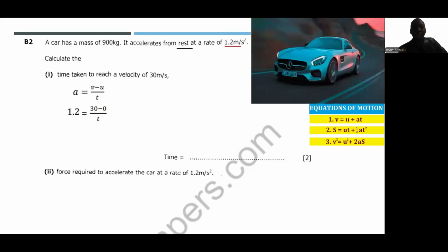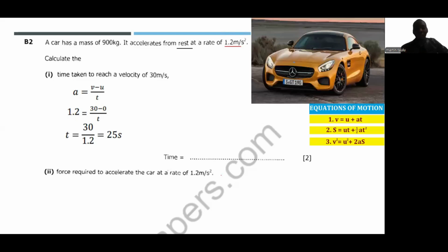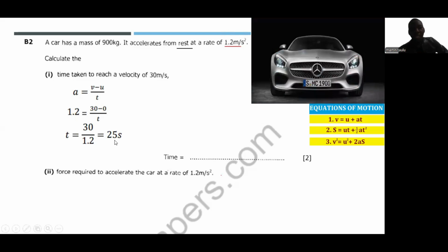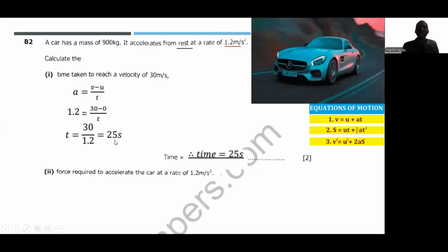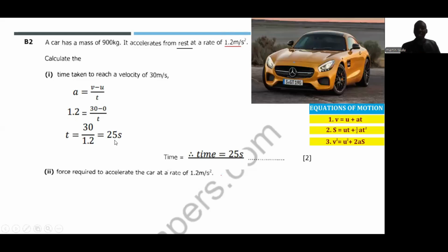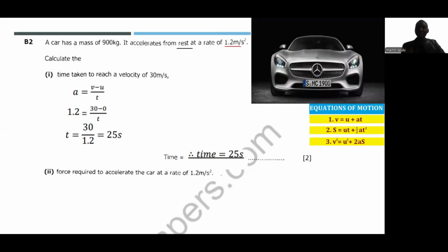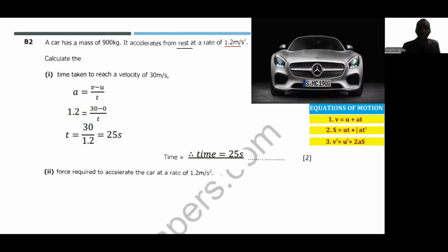So when you do the math, and you make T the subject of the formula, the answer that we get is 25 seconds. So the time taken to reach a velocity of 30 meters per second is 25 seconds, which is our answer.